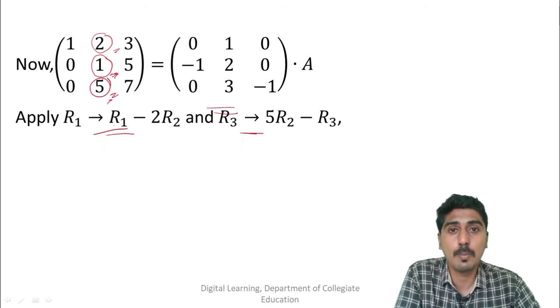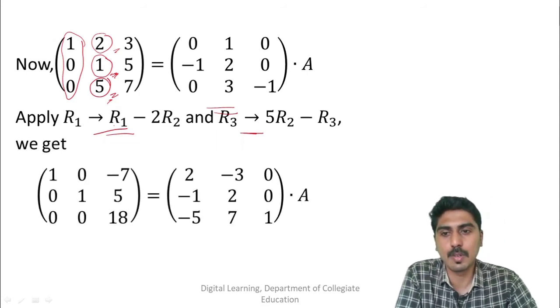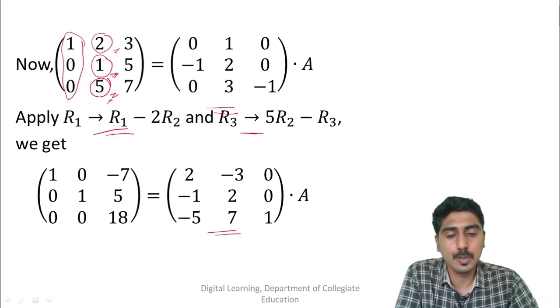And when you apply the operations, you should be careful that these terms should not be changed. We get here 1 0 minus 7, 0 1 5, 0 0 minus 18 is equal to 2 3 2 minus 3, 0 minus 1, 2 0 minus 5, 7 1 into A.